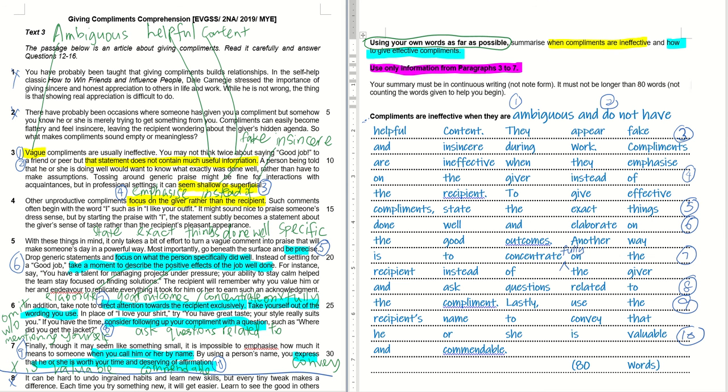And such, which is a conjunction. Lastly. So this is another way. These are all signal words which can help you to make your comprehension flow much better.